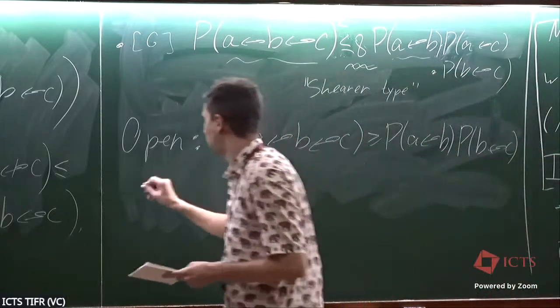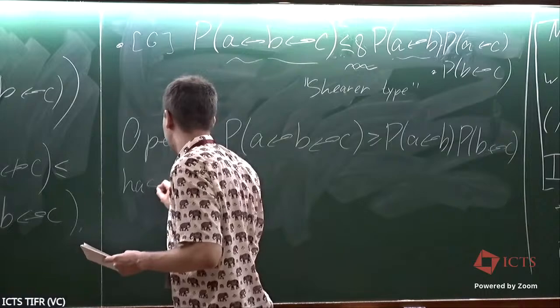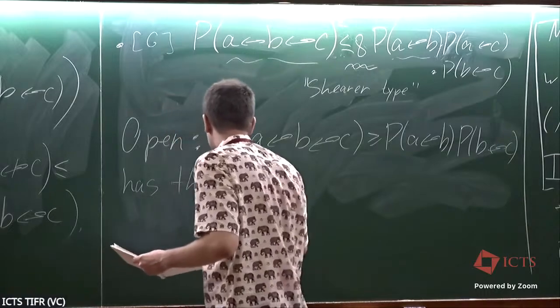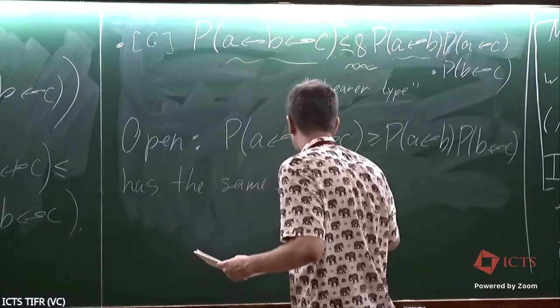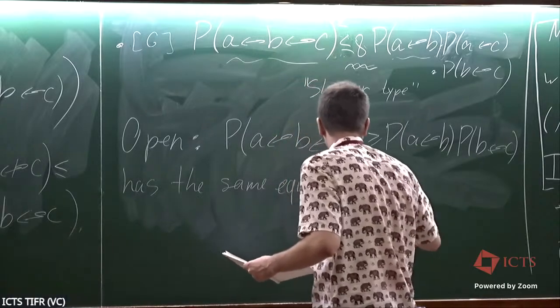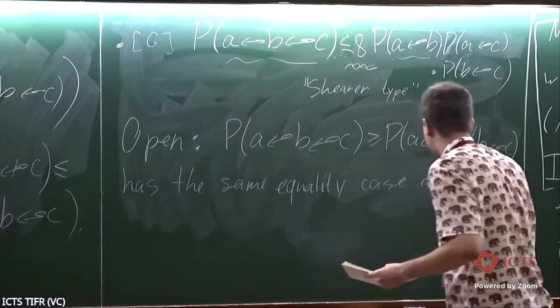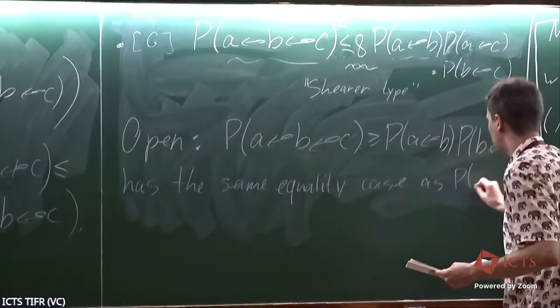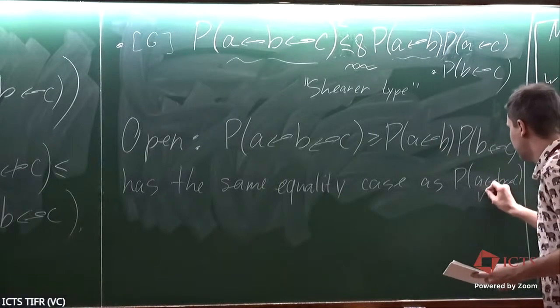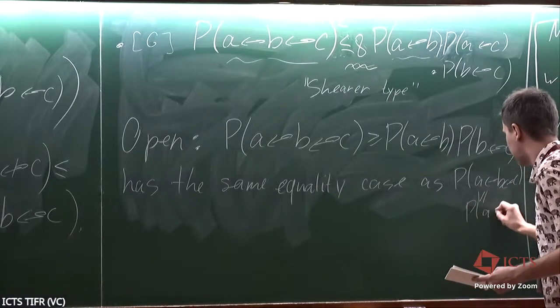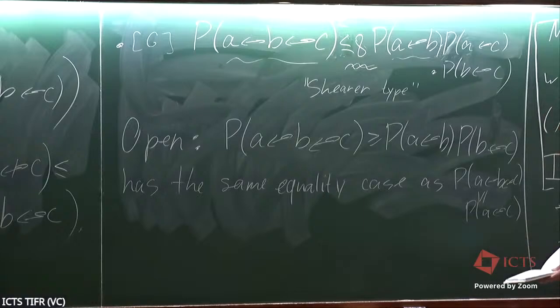So this one has the same equality case as the stupid inequality. We say that if three vertices are connected, then A and C are connected. And also the equality case is when every path from A to C goes through B.